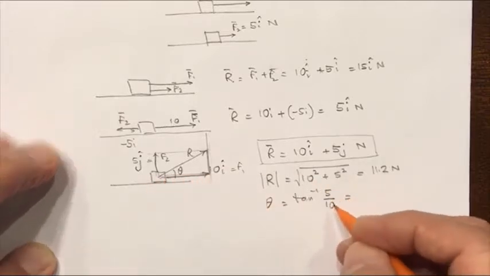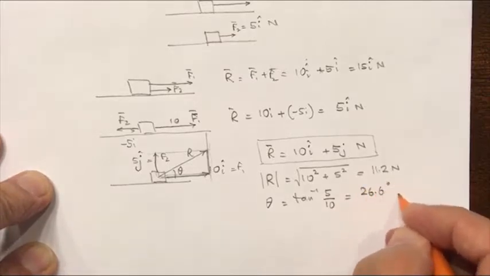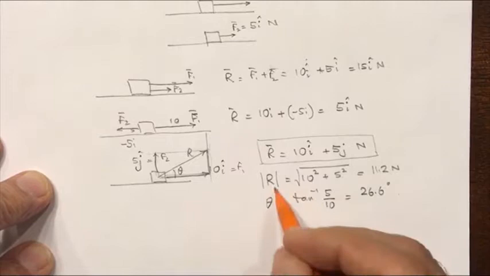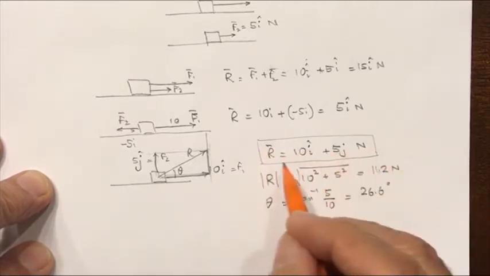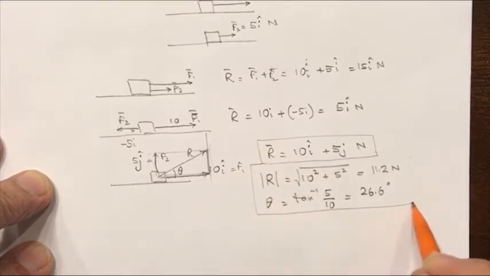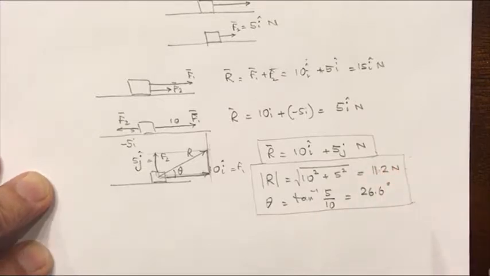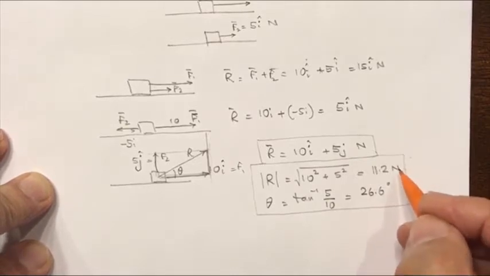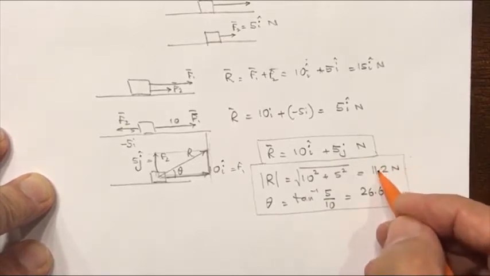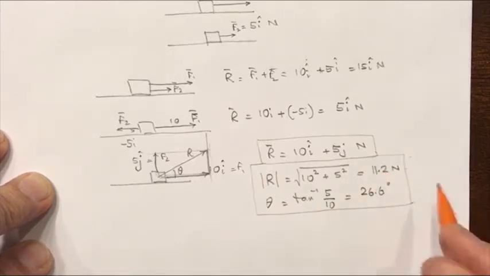So tangent inverse of 1 over 2 is 26.6 degrees. So the resultant force can be written either as this or as this. But don't just say that the resultant is 11.2 newtons, because it is a force, and a force must have a magnitude and a direction. So you would say it's 11.2 newtons at 26.6 degrees.